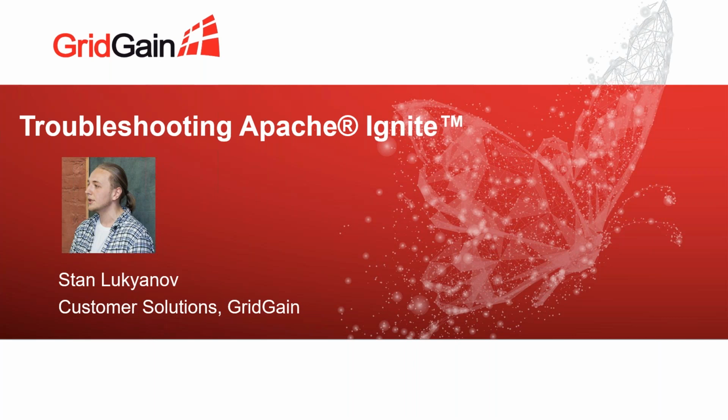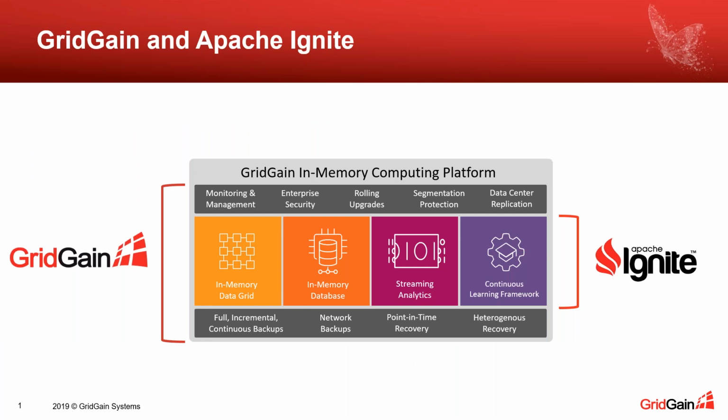So first, let's start by talking a bit about the product itself. Most of you probably already know it, at least Apache Ignite. Apache Ignite is a distributed database and data processing system.